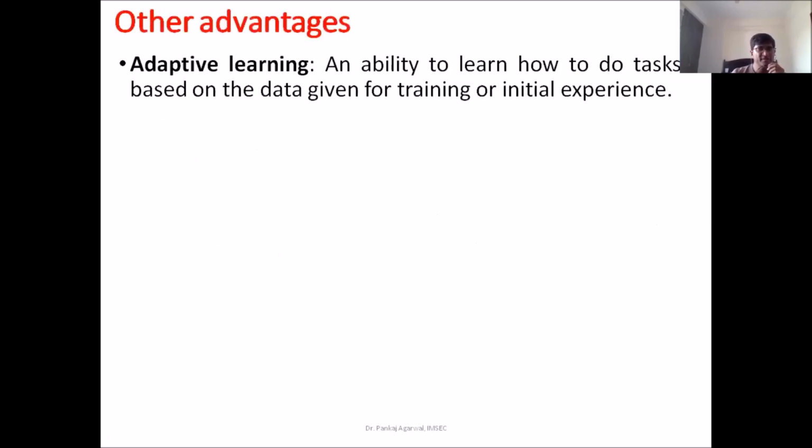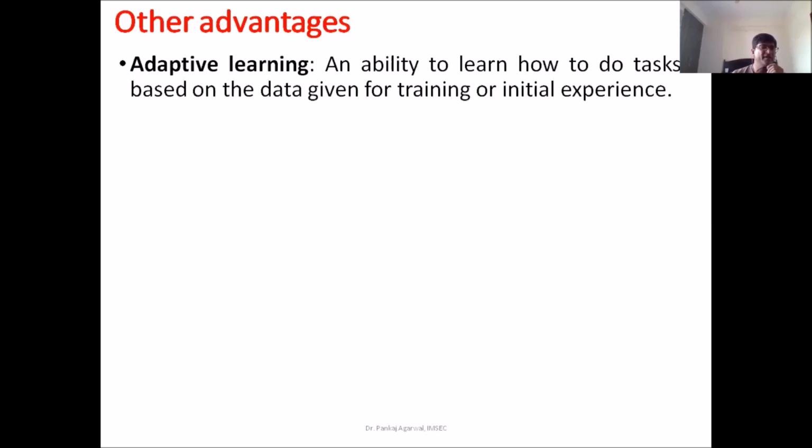The other advantages, if we sum up certain advantages of artificial neural networks: adaptive learning is one which we must look into. That is the ability to learn how to do a task based on some data which has been given to me for training. When we train our artificial neural network, we have to give some data.